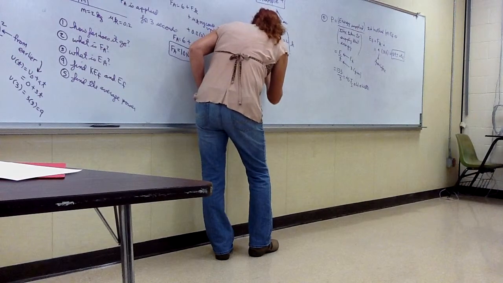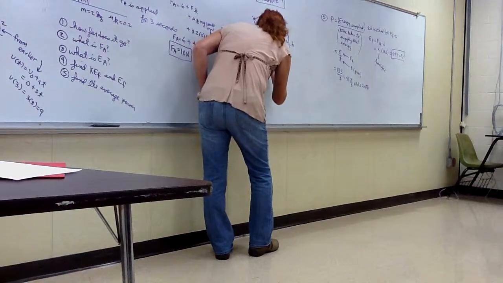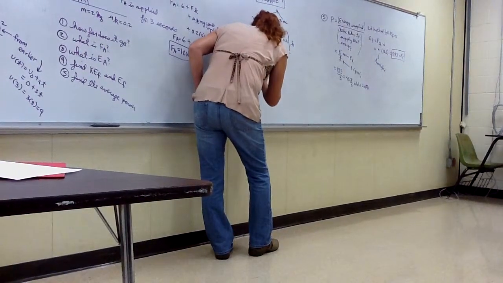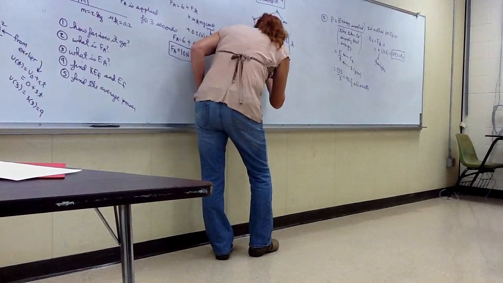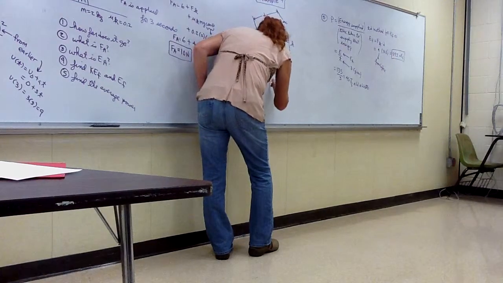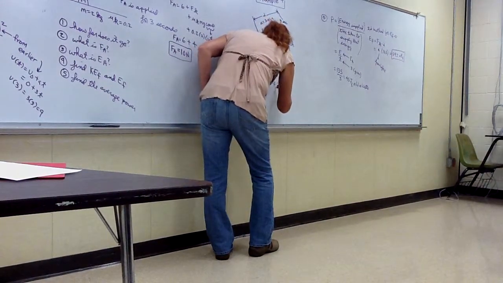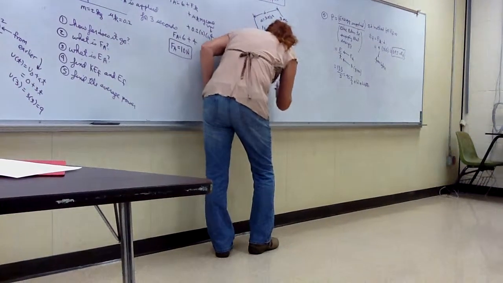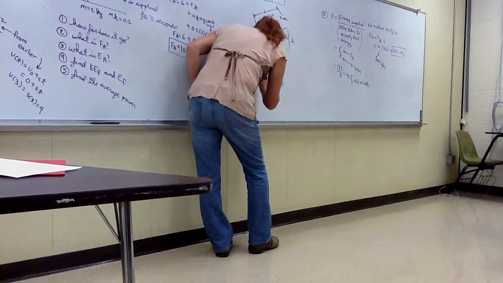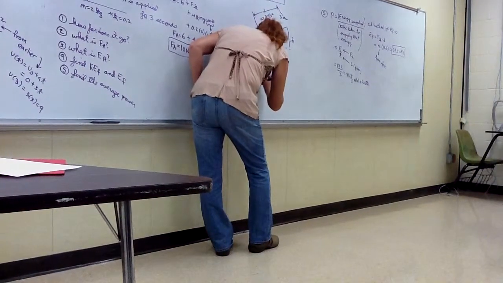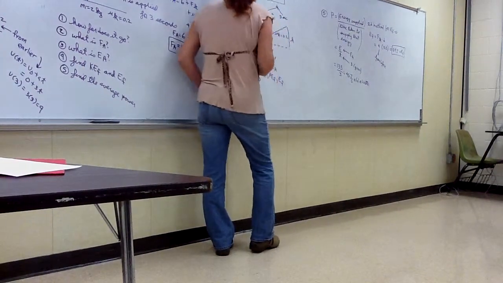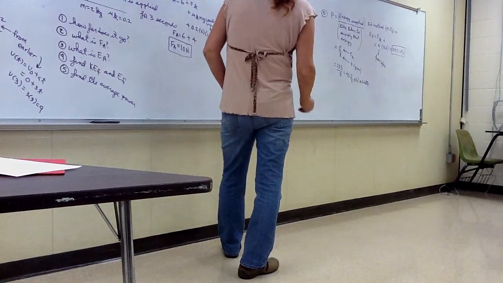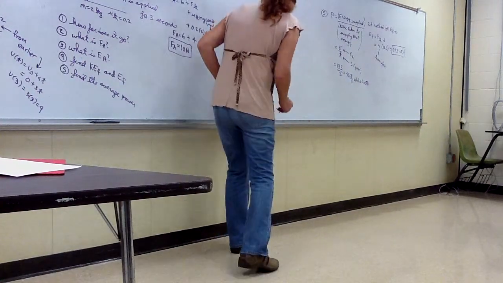Then we're going to calculate the applied force and the energy supplied by that applied force. Then the kinetic energy final, the potential energy final, and the energy to overcome friction. And again, we'll calculate the power. So all these are things that we calculate.